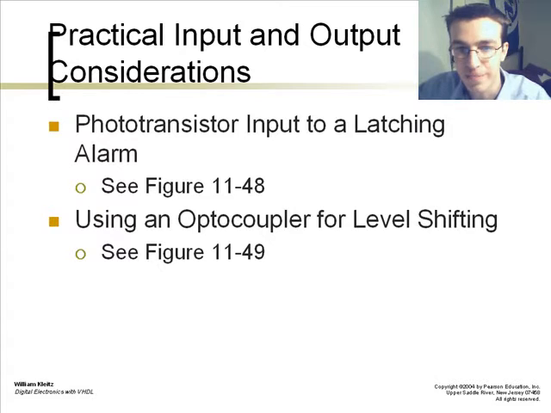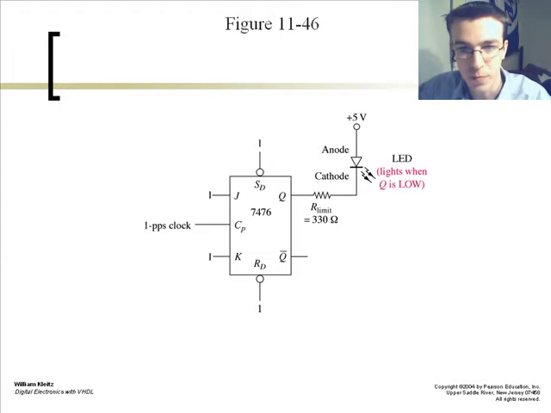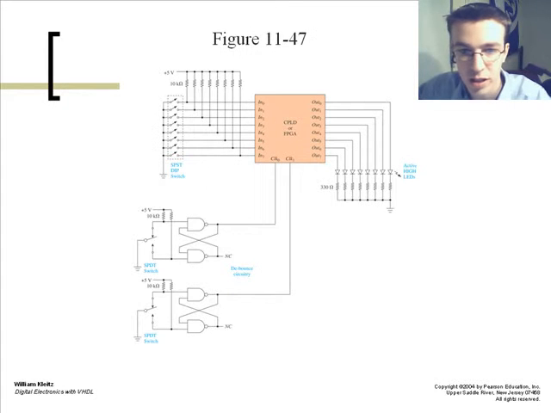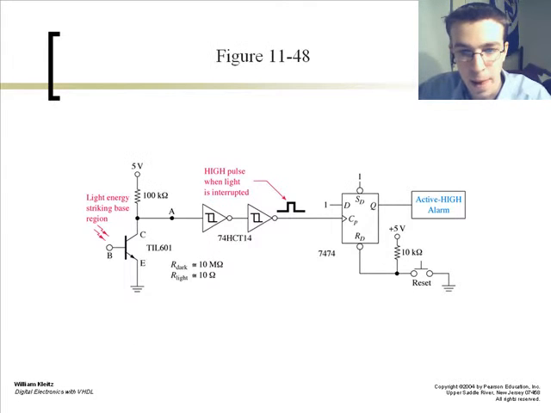Phototransistors, input into a latching alarm, and using an optocoupler for level shifting. And these are other examples of going into a CPLD circuit. And this is another high-powered Schmitt trigger going into your D flip-flop.